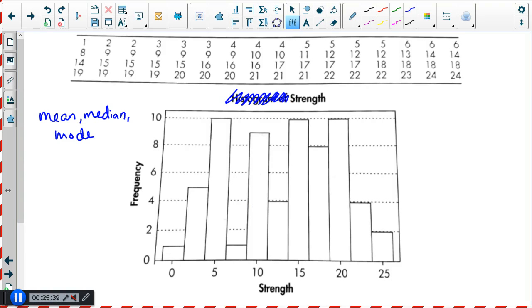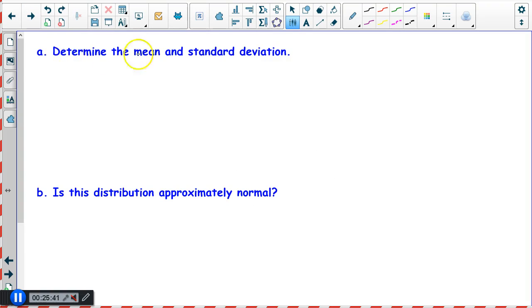All right, so if you look, we're going to use this data to determine the mean and standard deviation. Some of you told me the other day you already forgot how to do that. So go ahead right now, tell me x bar, and I'll give you a hint. The formula for the standard deviation S is the square root of the sum of the x squareds minus the sum of the x's, and you square that number.